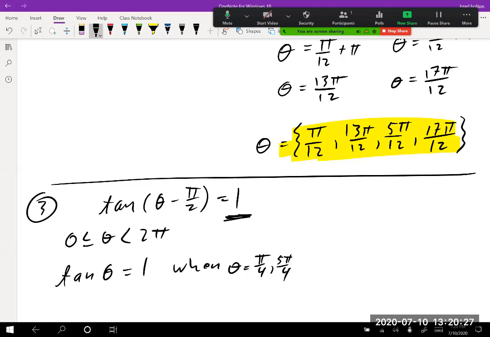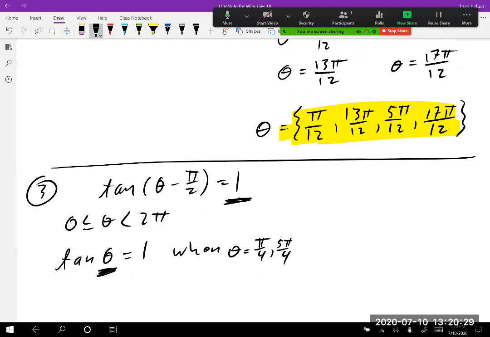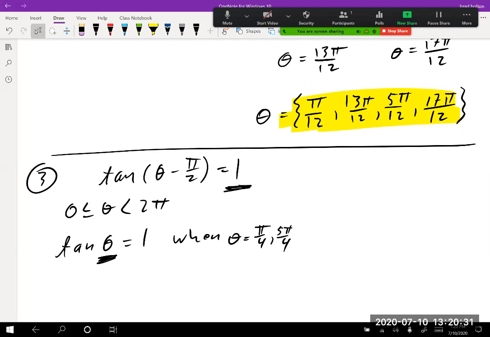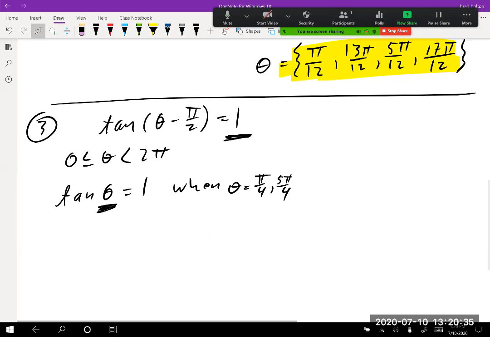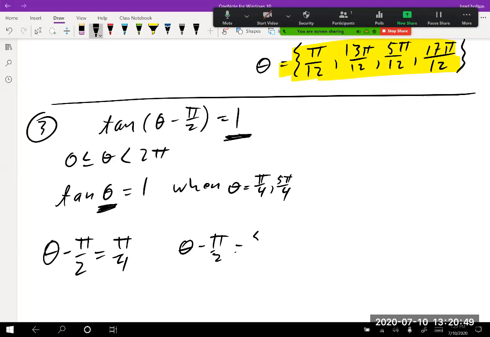If you plug either one of those angles into here, you would get 1, right? 45 degrees or 225 degrees. And we would get positive 1. So what I need to do is find out when would theta minus pi over 2 equal pi over 4, and when would theta minus pi over 2 equal 5 pi over 4.